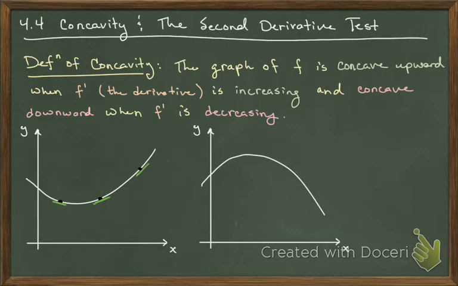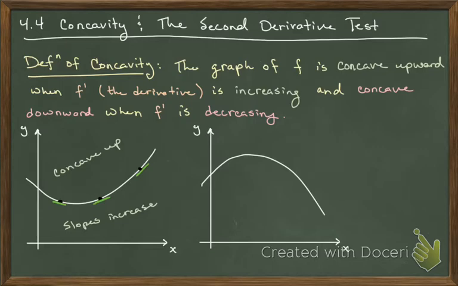Okay, this was what it would mean to have slopes that are increasing, right? Going from one point to the next, we see that the slopes are getting larger. The slopes are increasing. The derivative of this curve is increasing, and that means that this function is concave up over this interval, right? So that's what it means to be concave upward.